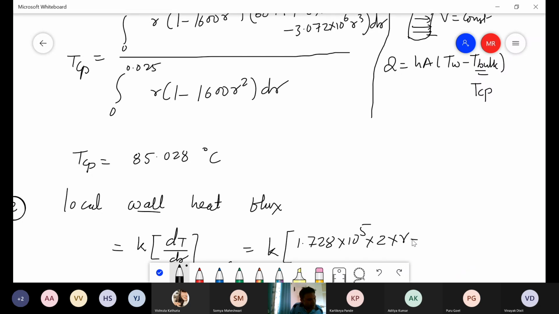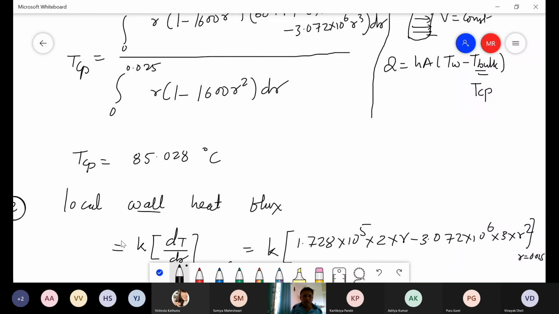That is going to be the first factor, minus 3.072 into 10 raised to power 6 into 3 into r square. Correct? Is it correct? And that has to be calculated at r equals 0.025.